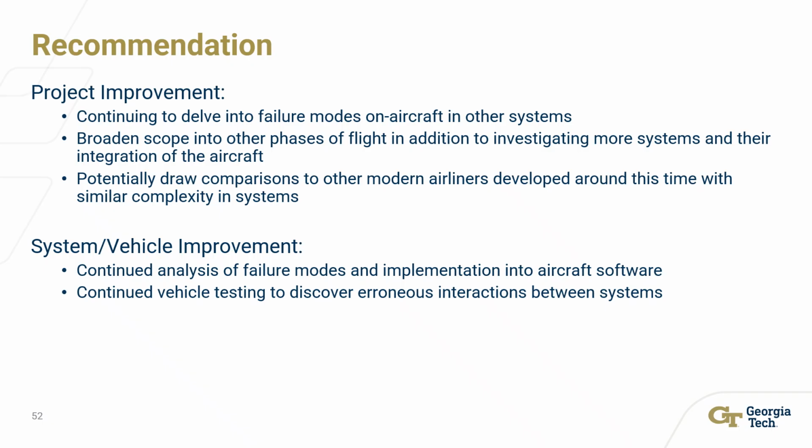This could also include broadening the scope of these assessments into other flight phases and other systems, and potentially drawing comparisons to other modern airliners with a similar level of complexity in their aircraft systems. Vehicle improvements could include continuing analyses into the MAX failure modes and implementation into aircraft software, with continued vehicle testing to discover interactions and edge cases between systems. These improvements continue as the testing and certification phase is in work for the 737 MAX family.